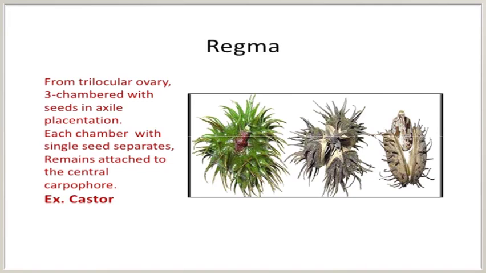It might be trilocular or multiple. In trilocular, we have three chambers with axile placenta, and each chamber with a single seed separates but remains attached to the central stalk, that is called carpophore.